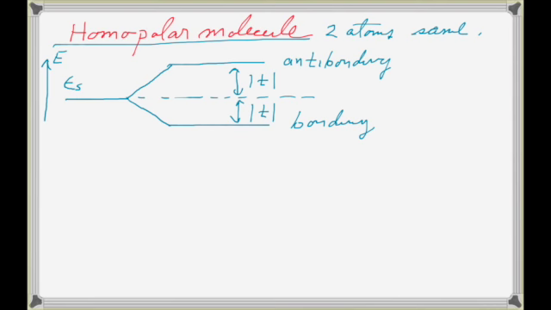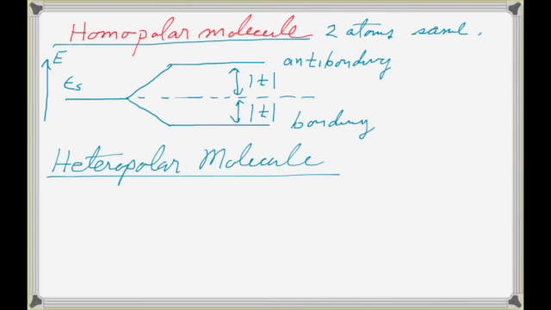And for your heteropolar, like gallium arsenide, 2 atoms different, you start off with two different energies, your cation and your anion, with some delta E difference, and you bring them together.